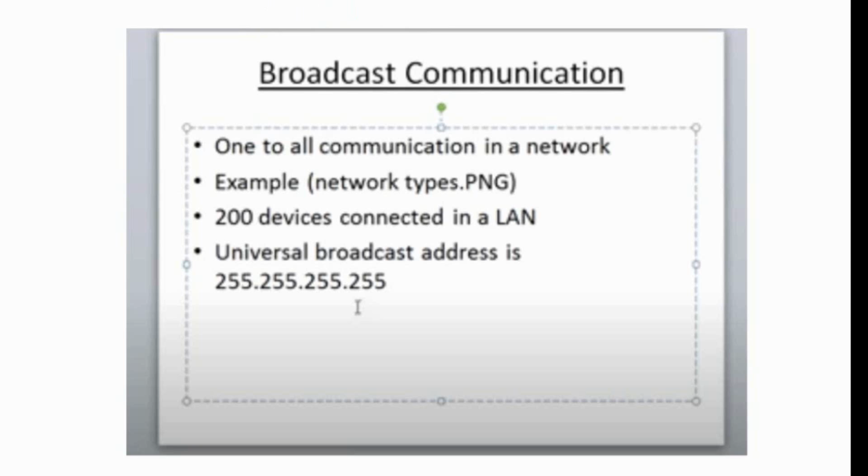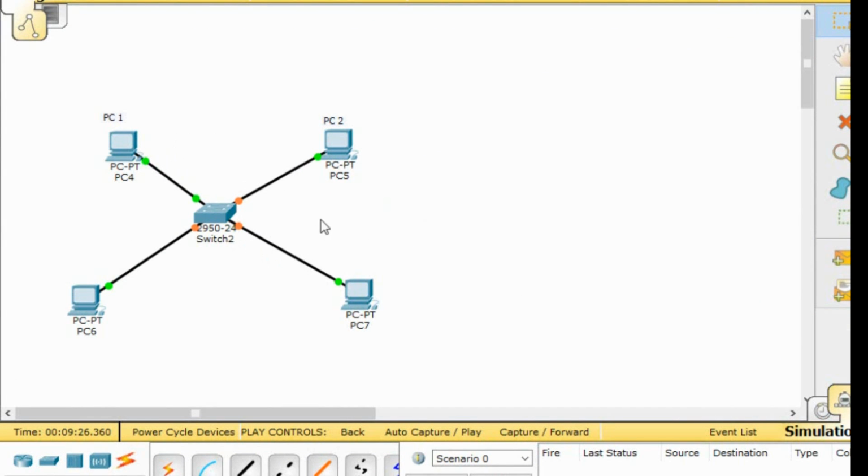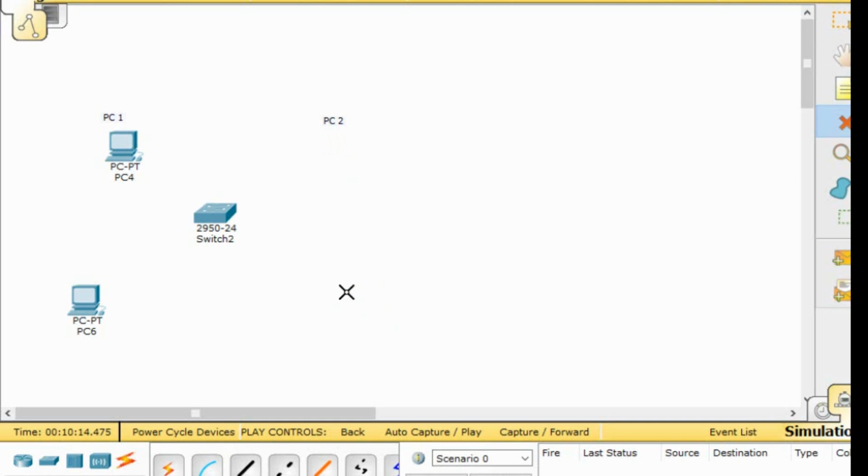One-to-all communications, right? So suppose now I have one switch. I'm going to disconnect it, right? I have one switch here, and I'm going to connect everything.